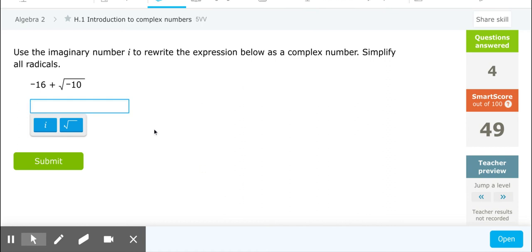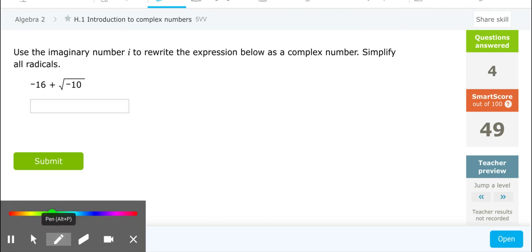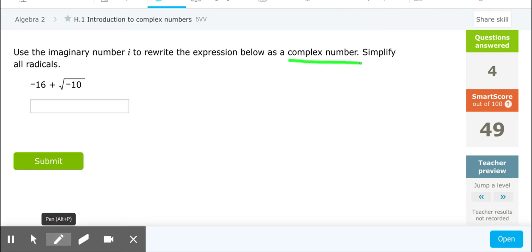All right, let's go ahead and write this as a complex number. Remember, a complex number is a number written in the form of a plus bi, where this is our real number and this is our imaginary number. So it's a combination of real and imaginary numbers.